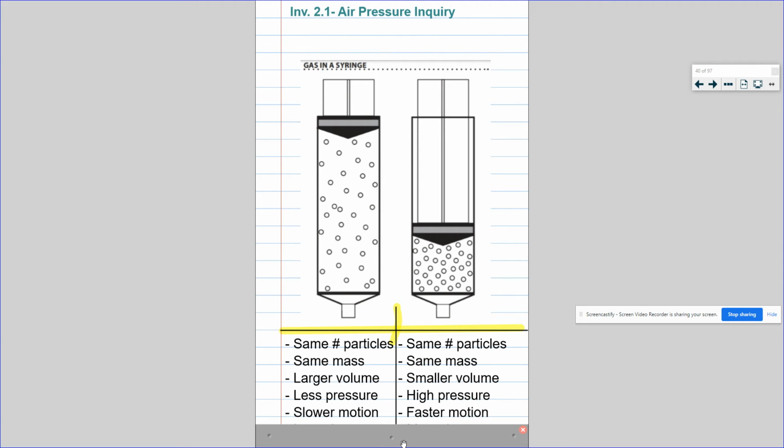We've talked about the motion of the particles. You obviously can't see it here because it's just a drawing, but the particles in the first picture would be moving slow, and the particles in the second picture would be moving faster.